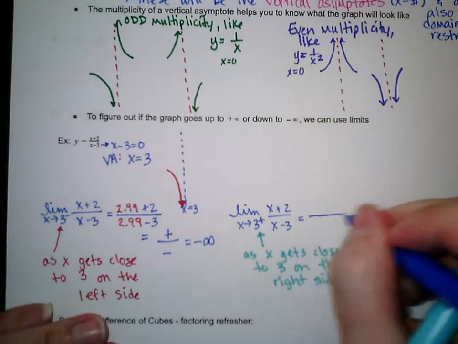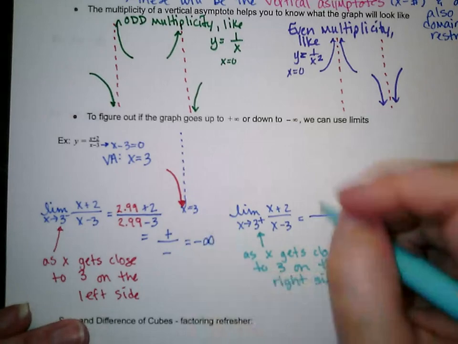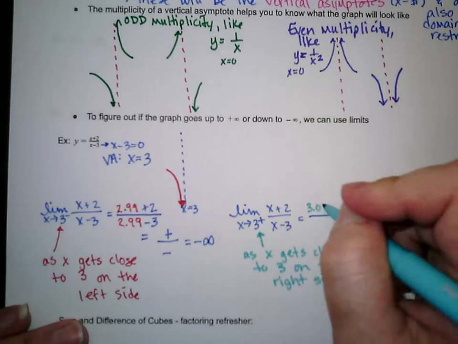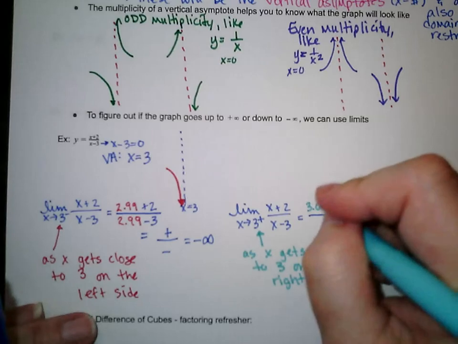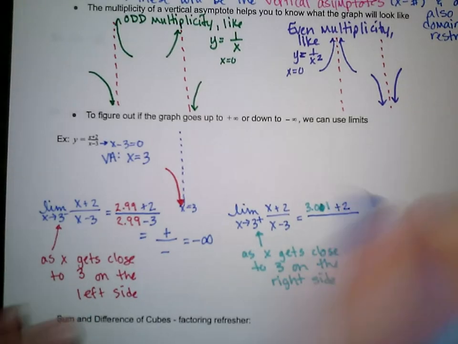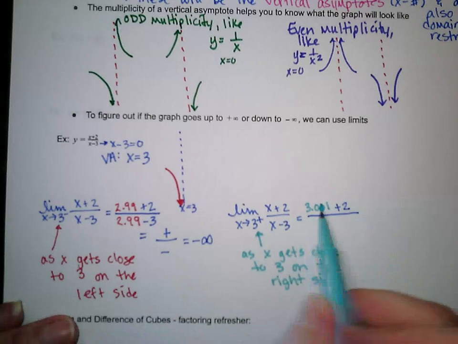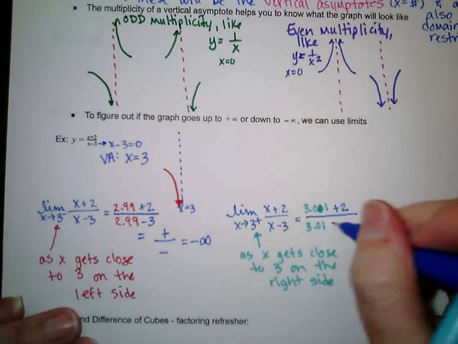So again, I'm going to play that same numbers game. I'm going to pick a number a little bit to the right of 3, like 3.001 or 3.01. We'll just go 3.01 because then we have the same number of decimals. I add 2 because I'm replacing the x with that number, and then 3.01 subtract 3.